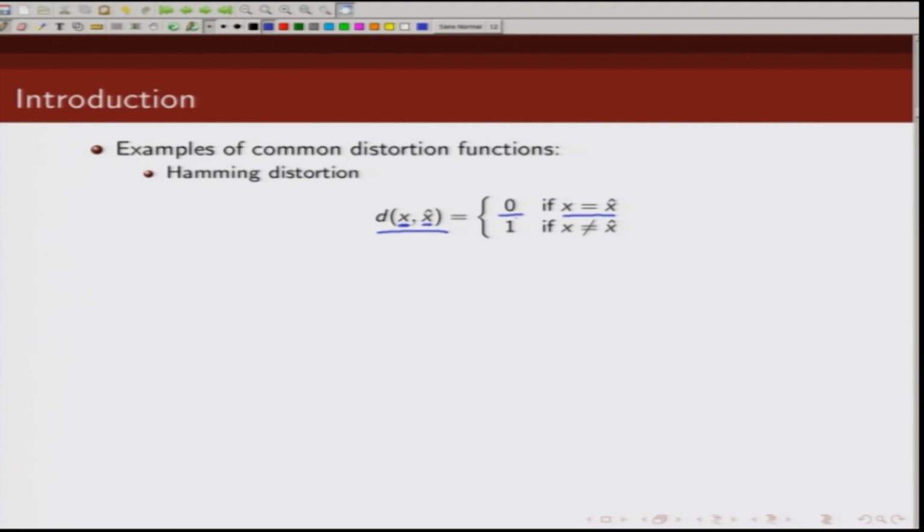So, distortion is 0 when the source alphabet and the reproduced alphabet are the same. However, if they are different, then the distortion is 1. So, in Hamming distortion, it is 0 if there is no error, and it is 1 if the source alphabet and the reproduced alphabet are different.